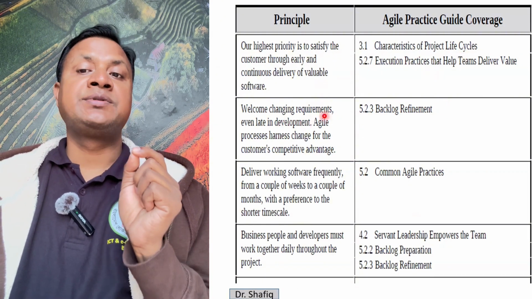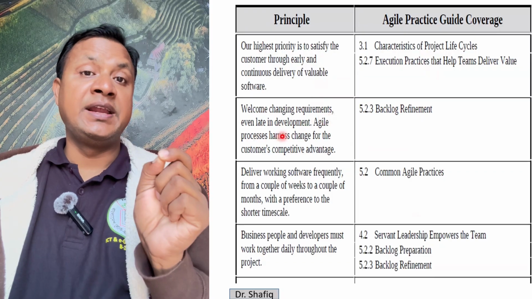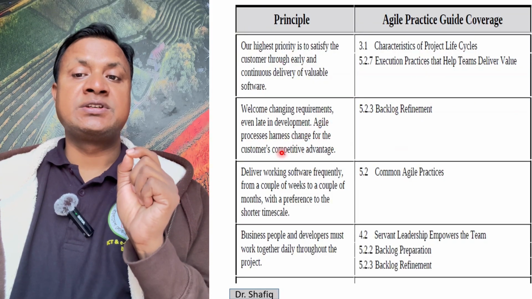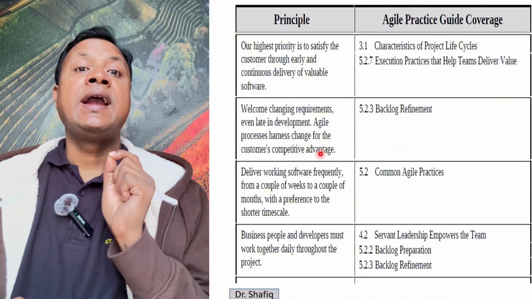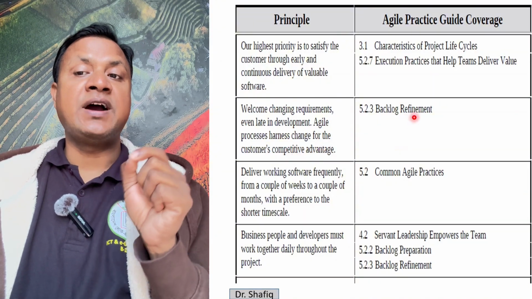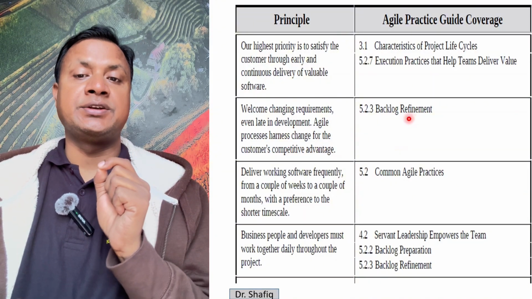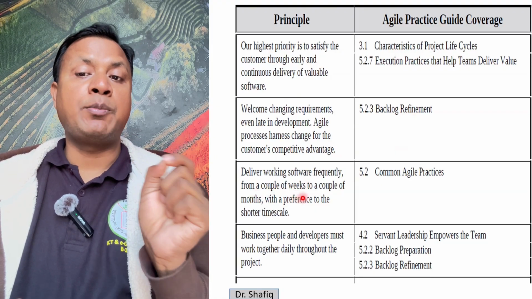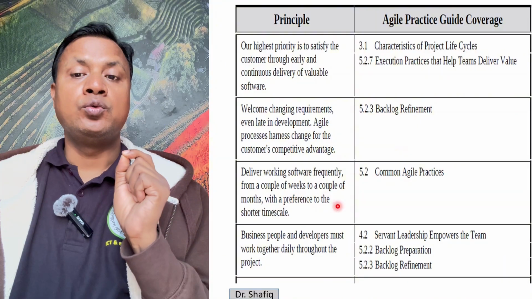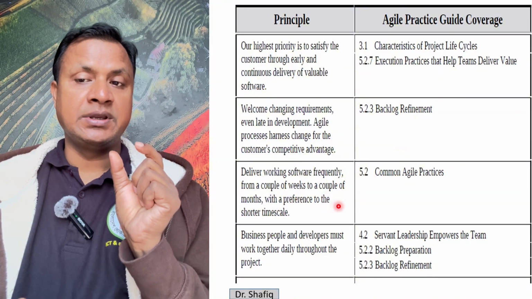So we welcome changing requirements, even late in development. Agile process harnesses change for the customer's competitive advantage. So we refine the backlog in each iteration. We deliver working software frequently, from a couple of weeks to a couple of months, with a preference to the shorter time scale.